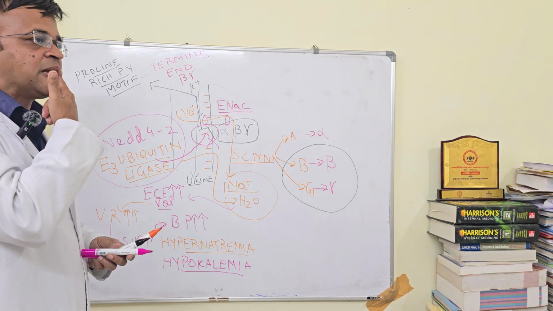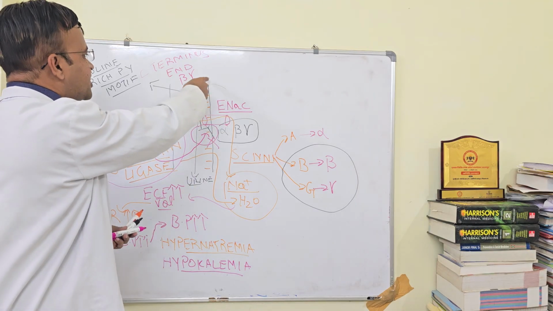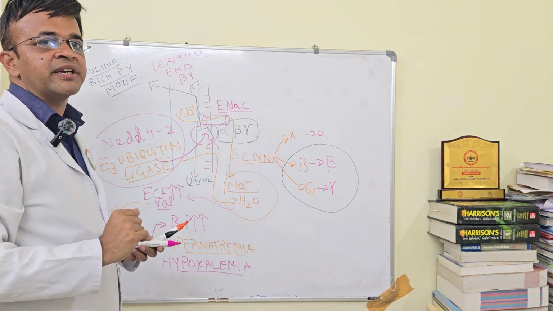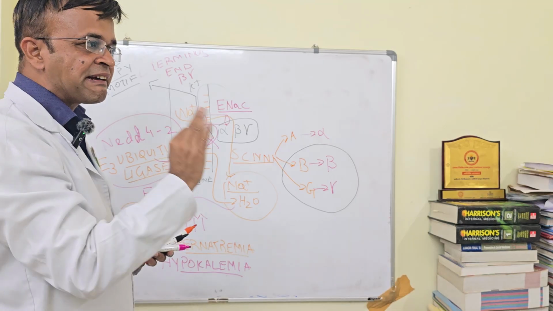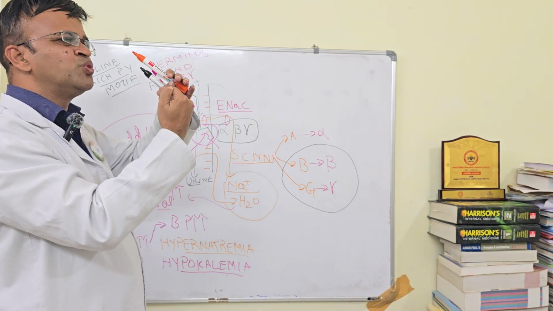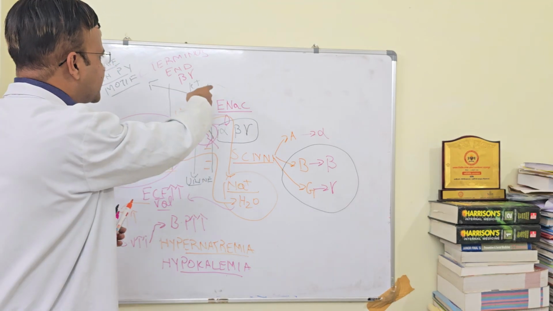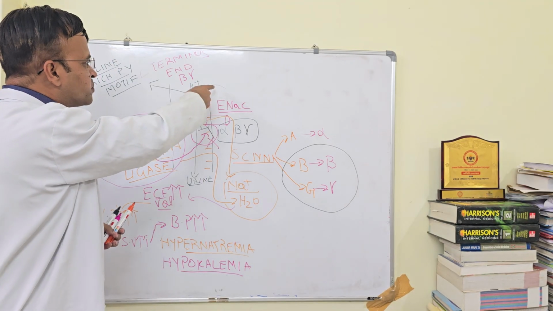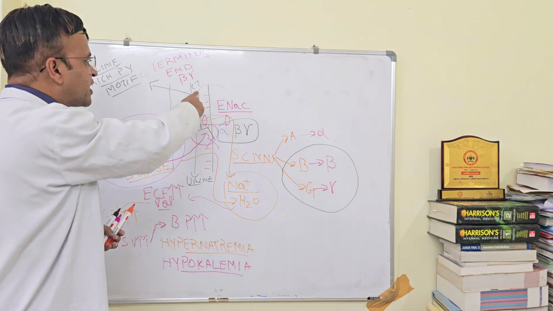Now, one very important thing over here is that potassium is a very precious ion for the body, right? Potassium is a very critical ion for the body. The body tries to regulate potassium within a very narrow range, right? So the body will do everything to preserve this potassium which is going out.